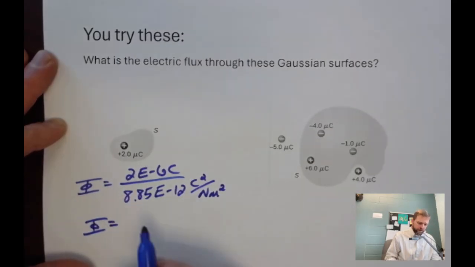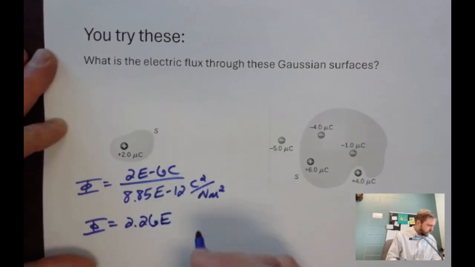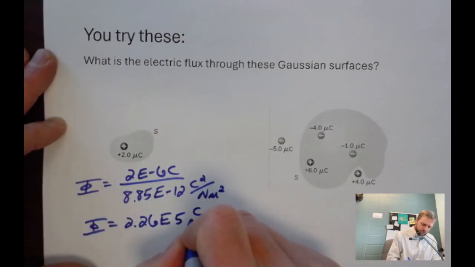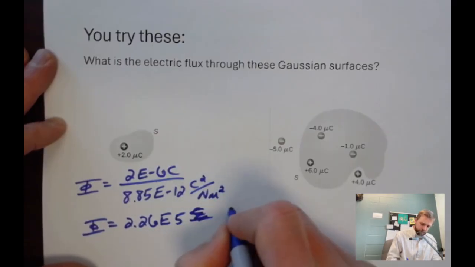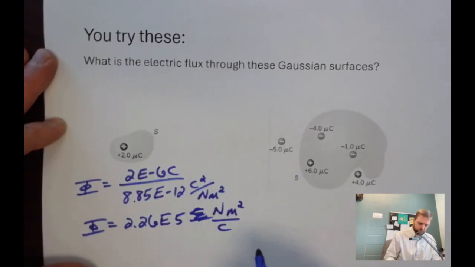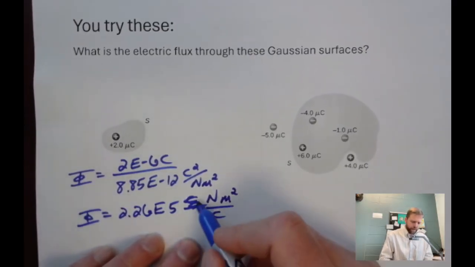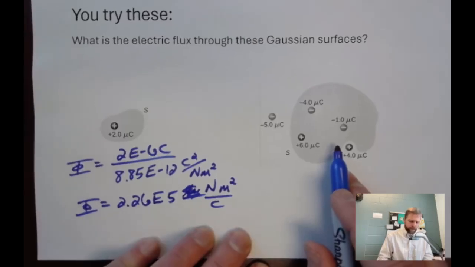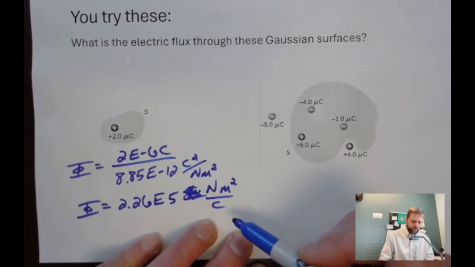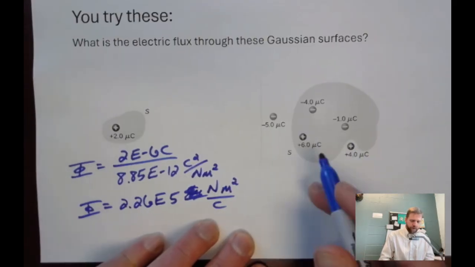So the net flux here is going to be 2.26 times 10 to the 5 newton meter squared per coulomb. The units on this are the units of the electric field, newtons per coulomb, times the area, meters squared. So those are the units for electric flux.